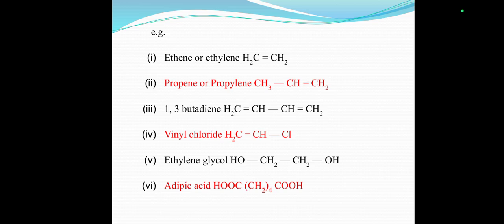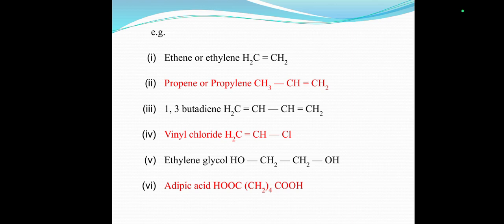Second example is propylene, and in propylene again a double bond is there, so it produces two reactive sites. Third one, 1,3-butadiene. So in 1,3-butadiene again pi bonds are there, right? Two double bonds are there, so it produces reactive sites. Then phenyl chloride. In phenyl chloride also we get a free radical after breaking of a pi bond.